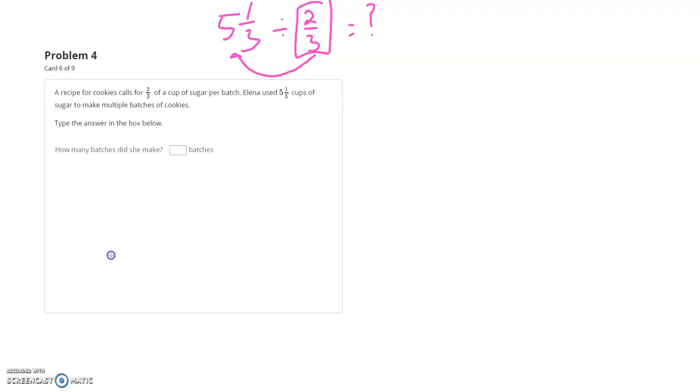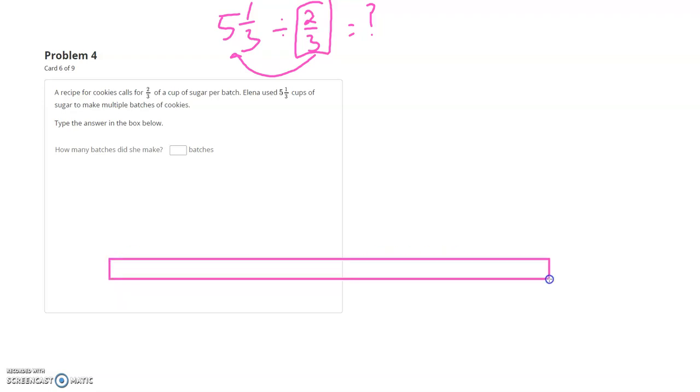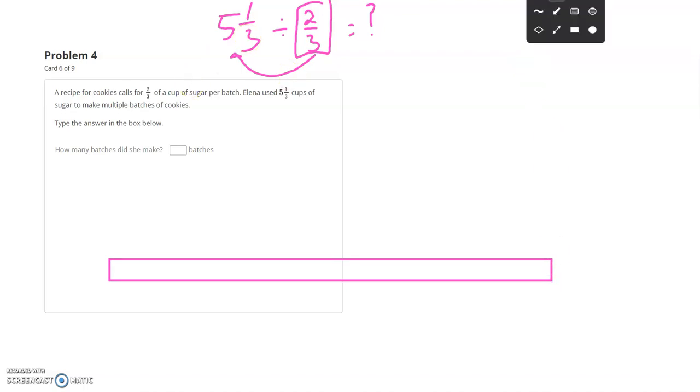I'm going to draw it down here. Remember, I like to do the whole number first. So it's 5 1/3. We're going to do 5. There's 5 wholes. 5 1/3.